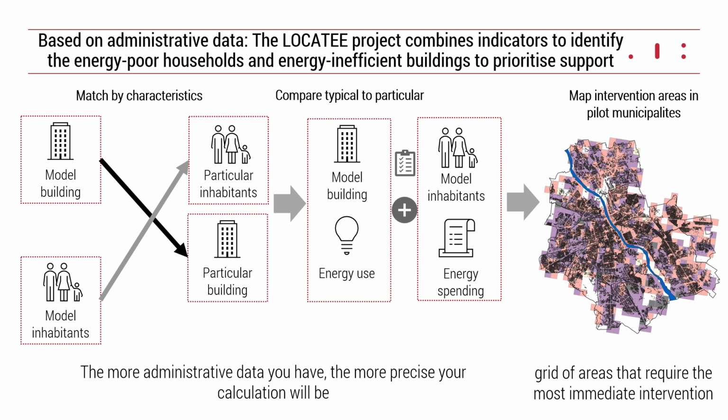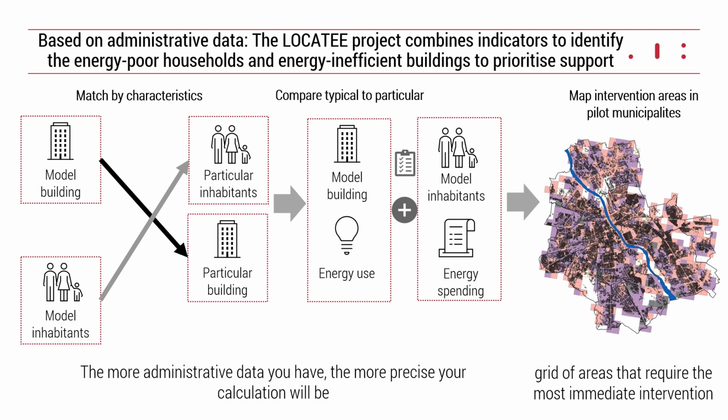This will give us an overview of whether in our municipality we have buildings and inhabitants who are spending too much on energy and buildings that are using too much energy, or maybe the other way around, that there are people who are underspending and buildings that are underusing energy for some reason.